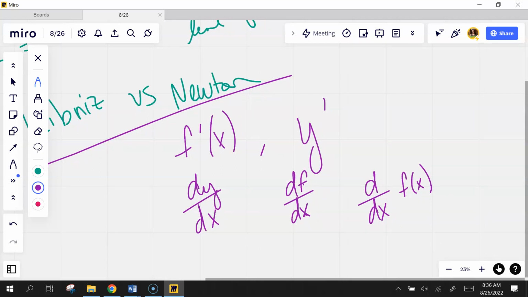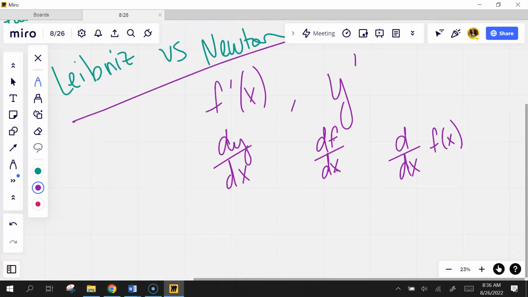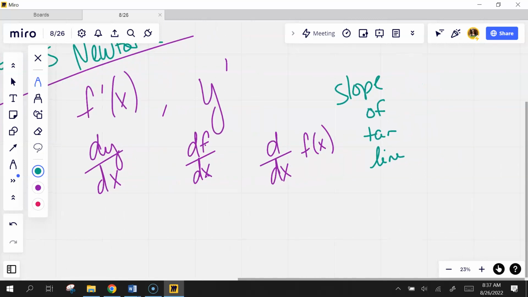All right. So, remember, all of these are the derivative, which means that all of these are the slope of the tan line. Right? And we know how to find that. We've really been working at a specific point, but slope of the tan line is nothing more than IROC.